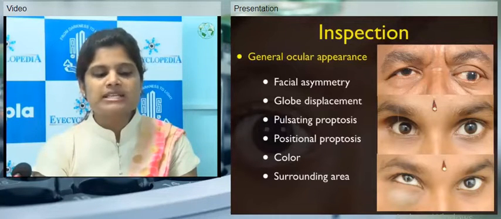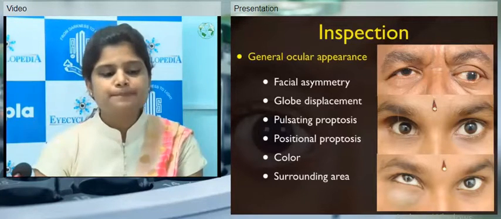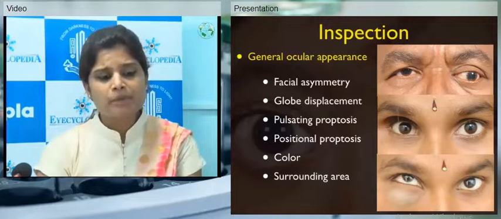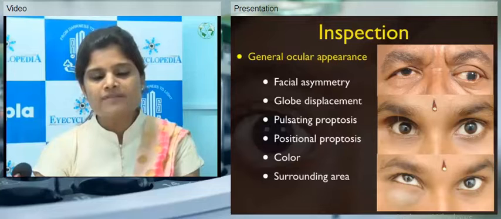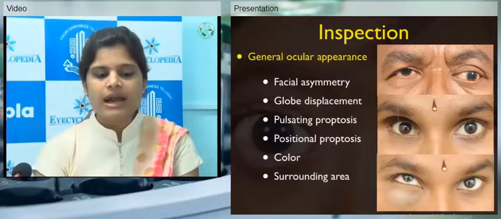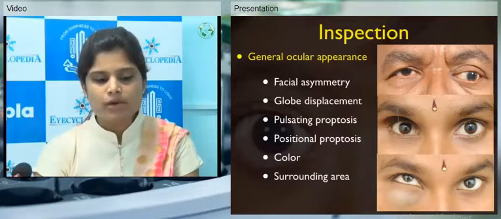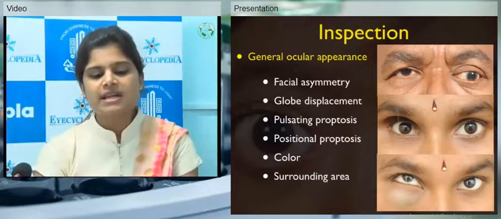The next important is positional proptosis. Here is an example of positional proptosis. The second and the third photographs are of the same patient, before the Valsalva maneuver and after the Valsalva maneuver.